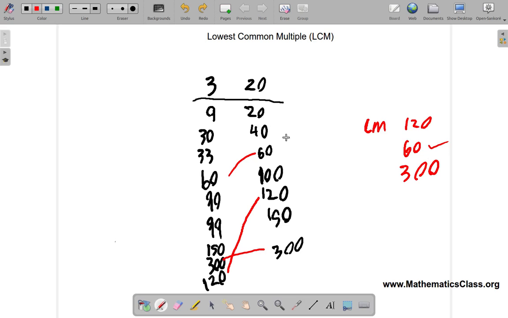Now, even though we have 60 here, let's think about it. Can we come up with anything lower? 20 is a multiple of 20. Lower than 60, we could say for 3, you'll have like 57, right? 54, other numbers like that.